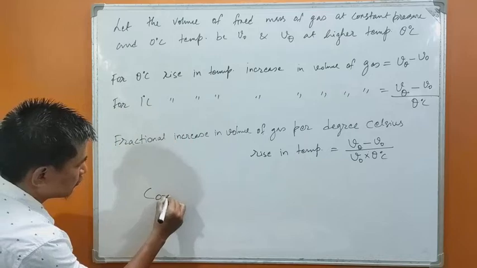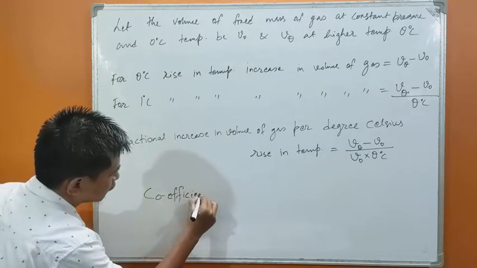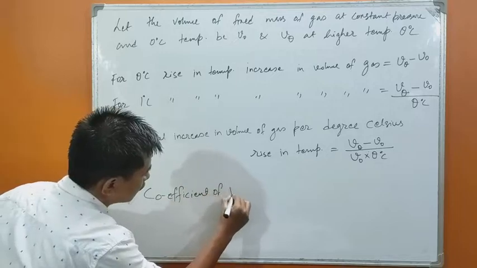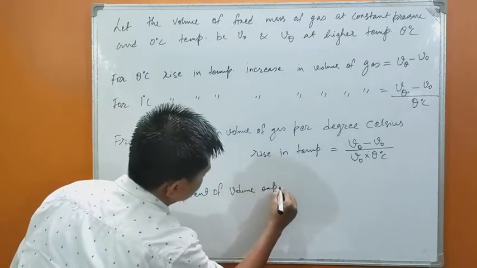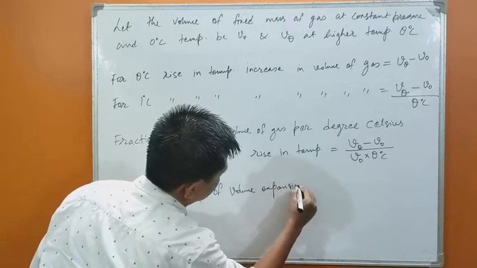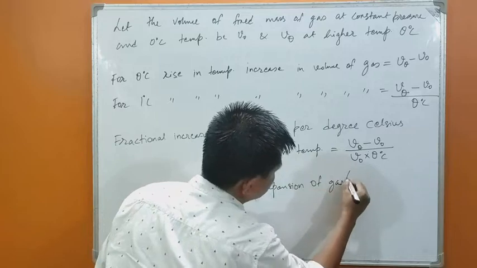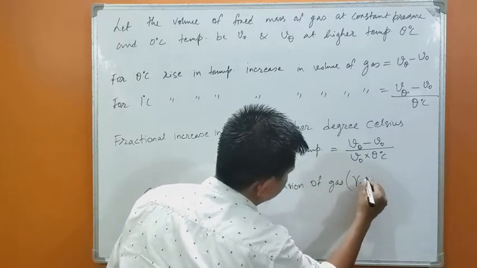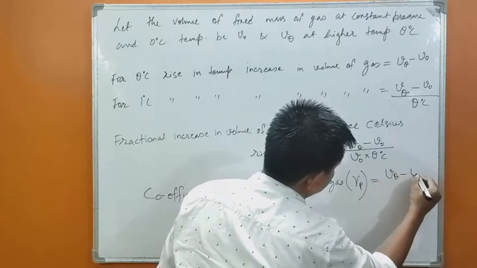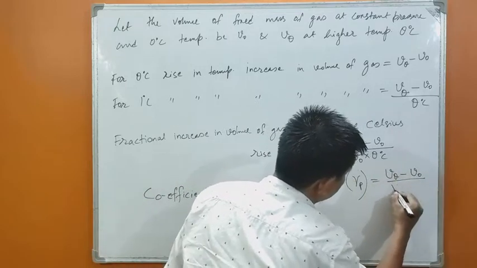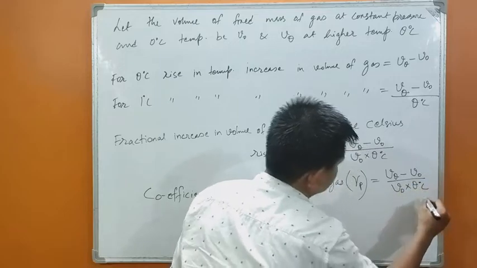The coefficient of volume expansion of gas is denoted by the letter gamma P, equals V theta minus V naught divided by V naught into theta degrees Celsius.